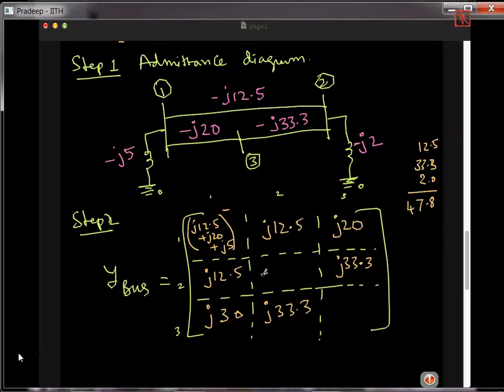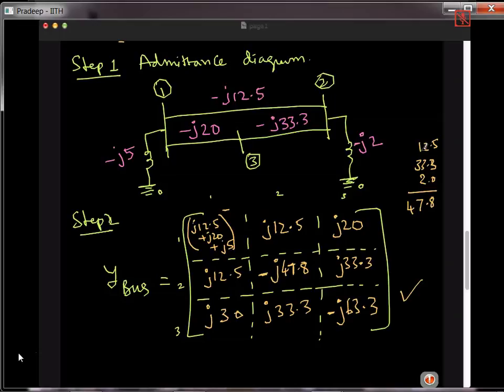So here it will become minus J47.8, like this. So coming to the last, at bus 3 there is no impedance connecting to the ground. So I just add these two, 30 plus 33. So it will be minus J63.3. So this is the completed Y bus for the network.